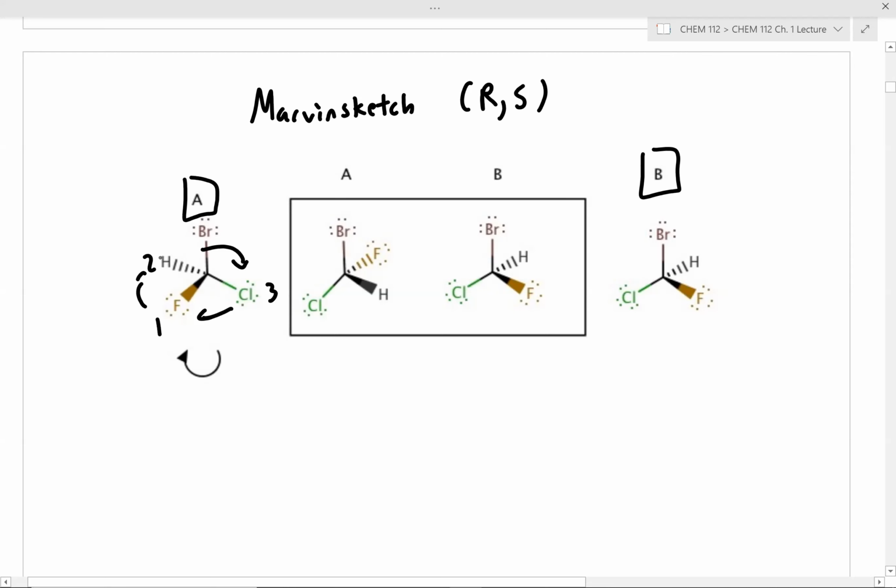If we move each of our substituents one position over clockwise, our fluorine is now going to end up in the dashed location, our hydrogen is going to end up in the line location, and our chlorine is going to end up in the wedge location. So let's execute on that.